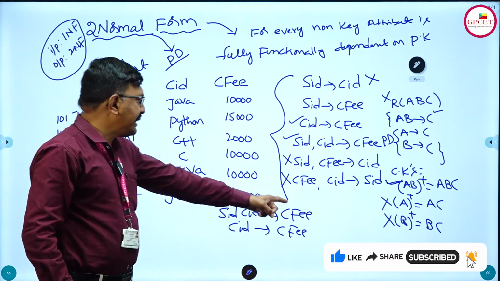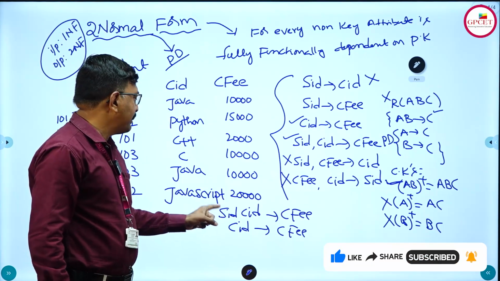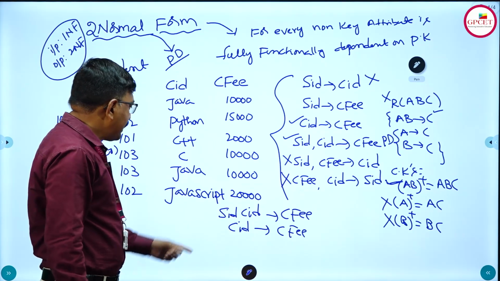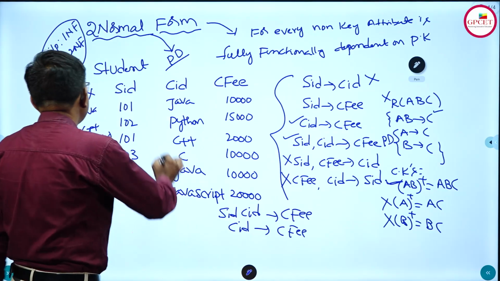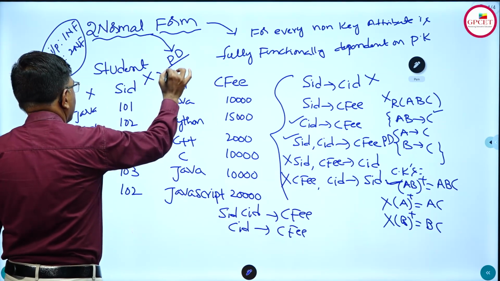Here every non-key attribute is fully functionally dependent on the primary key, that is SID and CID. But whereas here CID tends to course fee is a part of the primary key. That's why this table is not in the second normal form.